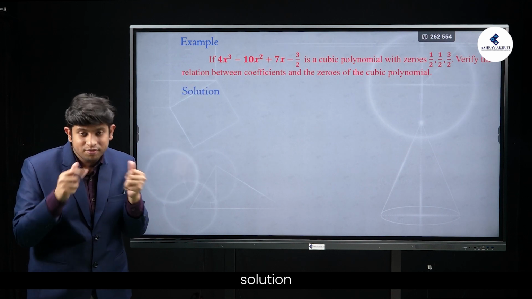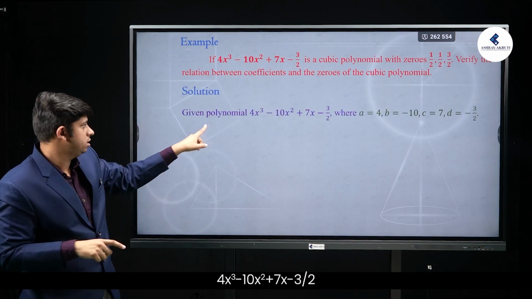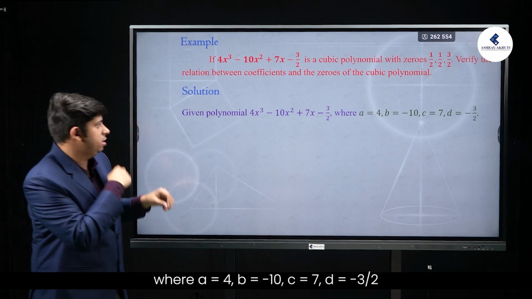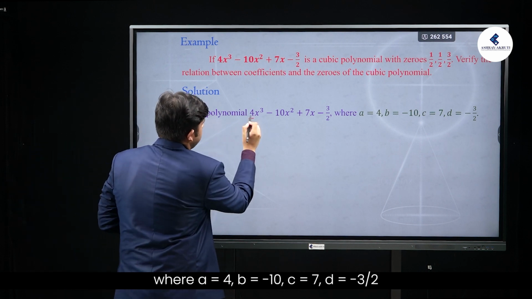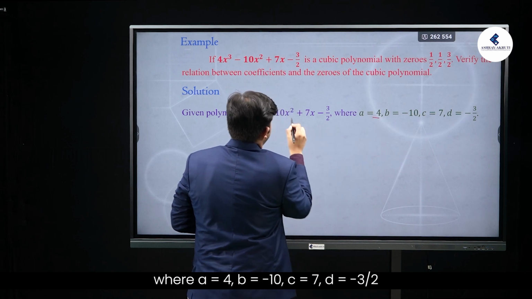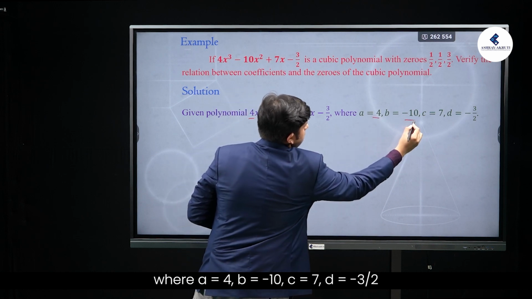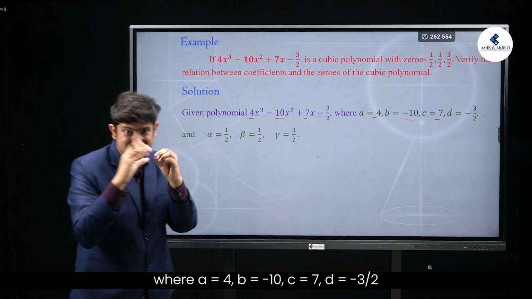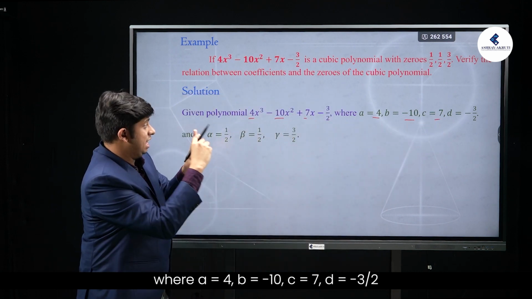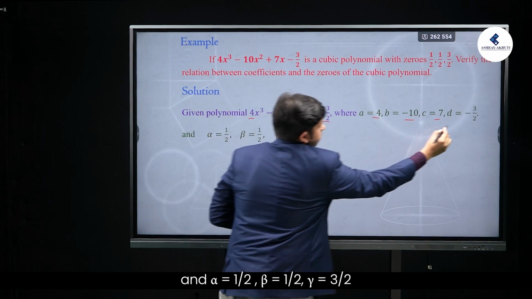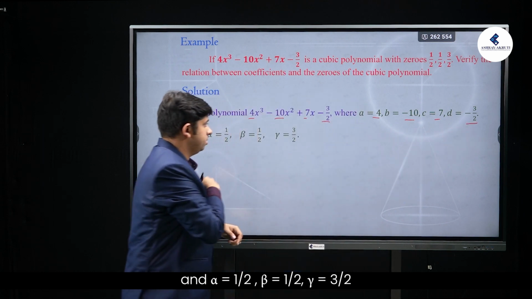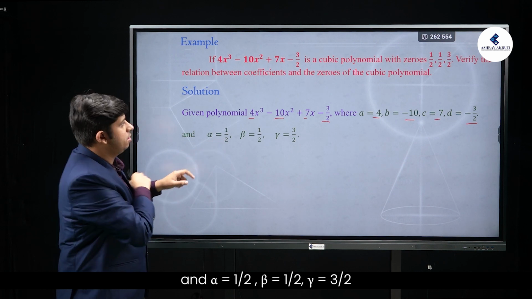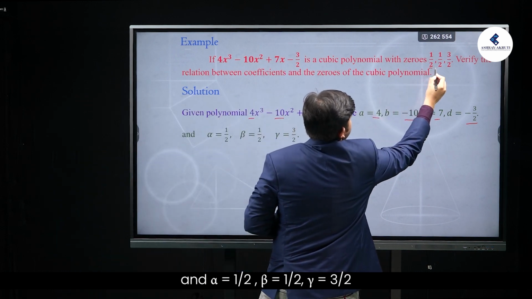Solution: given polynomial 4x cube minus 10x square plus 7x minus 3 by 2, where a equal to 4, b equal to minus 10, c equal to 7, d equal to minus 3 by 2, and alpha equal to 1 by 2, beta equal to 1 by 2 and gamma equal to 3 by 2.